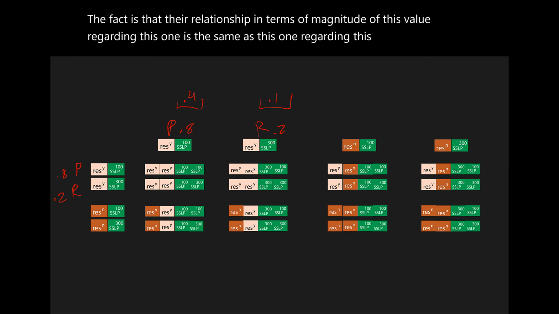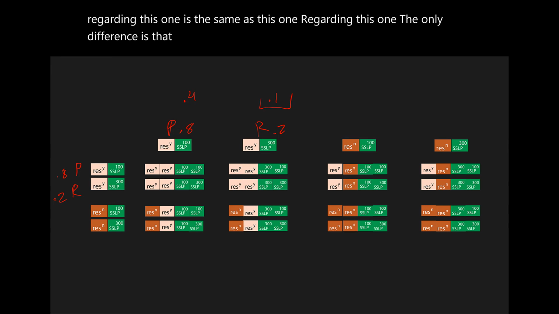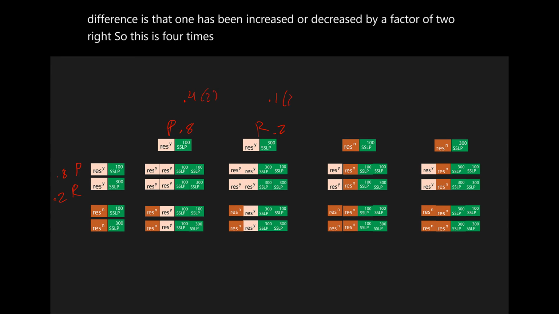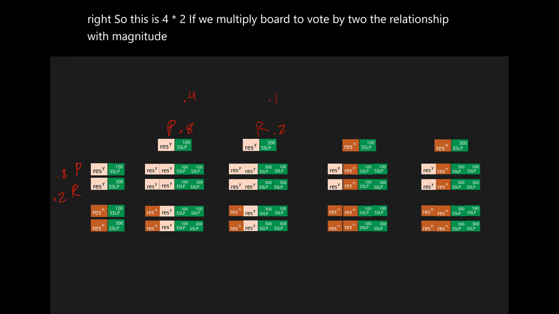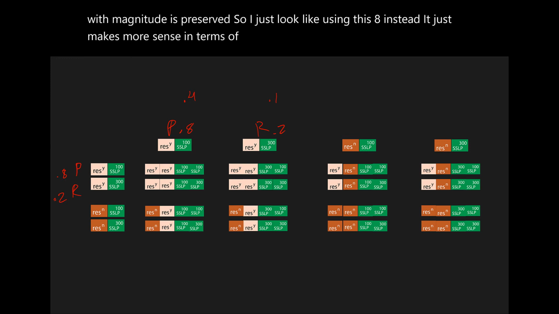The only difference is that one has been increased or decreased by a factor of 2. If we multiply both by 2, the relationship of magnitude is preserved. I just like using 0.8 instead. It just makes more sense in terms of the map units.